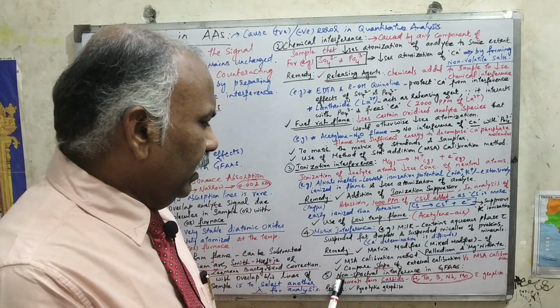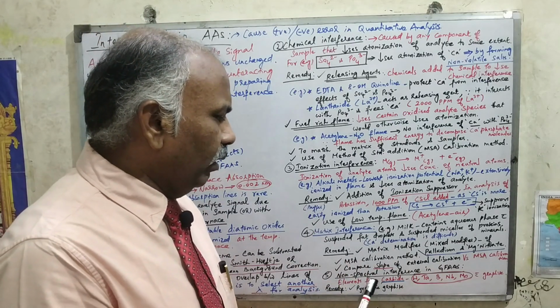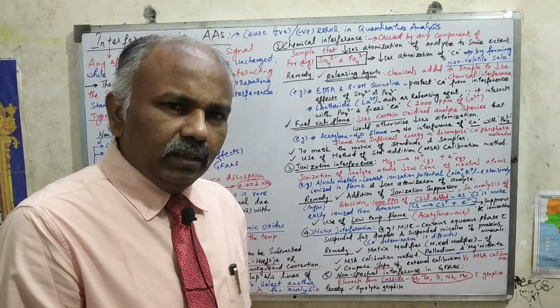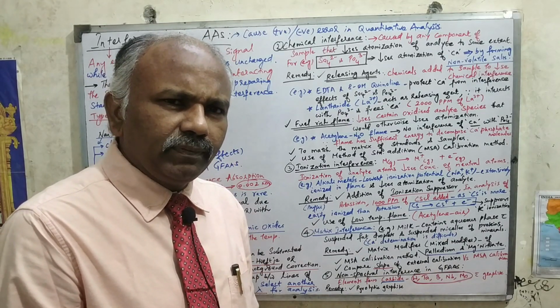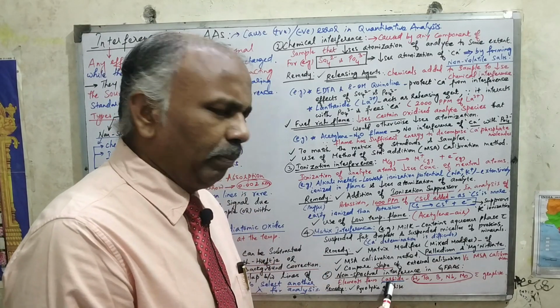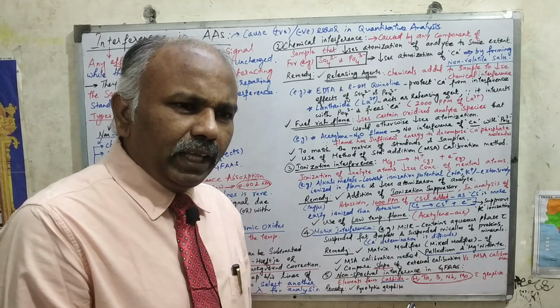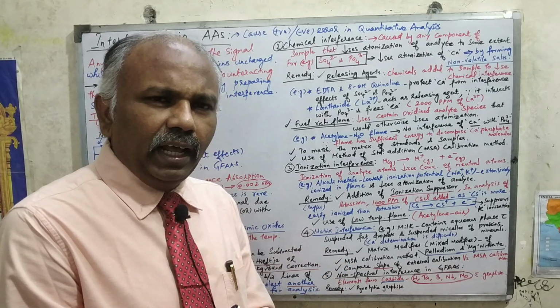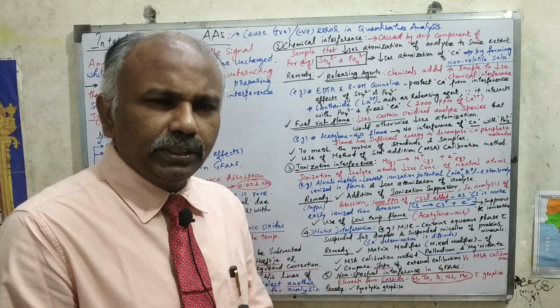Right? And the last important aspect is the non-spectral interference in the graphite furnace atomic absorption spectrometer. What type of non-spectral interference with the furnace? This is basically in the graphite furnace only that we get this type of problem, right? So what is this problem we are facing? Certain elements will try to react with the graphite and produce carbide formation.